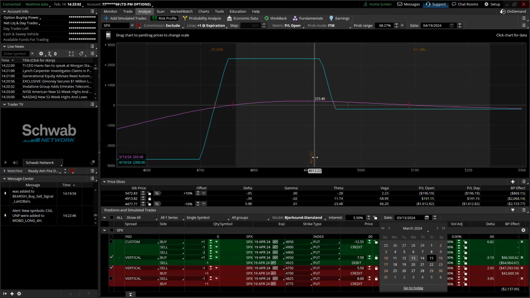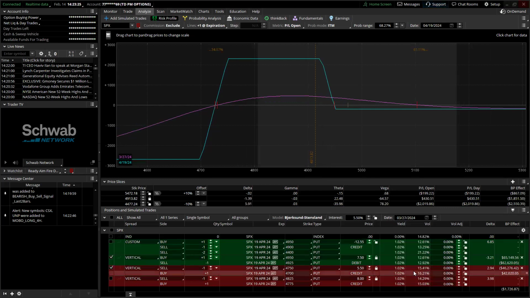Right? So if you initiated a trade and the market didn't really do a whole lot and you're sitting at a really nice profit and you're not really at your profit target just yet, you can always take this trade off and move on because now the closer you are to expiration, let's go forward another 2 weeks, right?